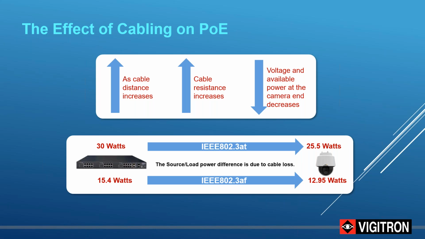Again, 802.3at is 30 watts over 100 meters, becomes 25.5 watts at the camera. AF starts out at its highest level at 15.4, and over 100 meters becomes 12.95 watts. But keep in mind, these standards were developed only for CAT5 cabling.